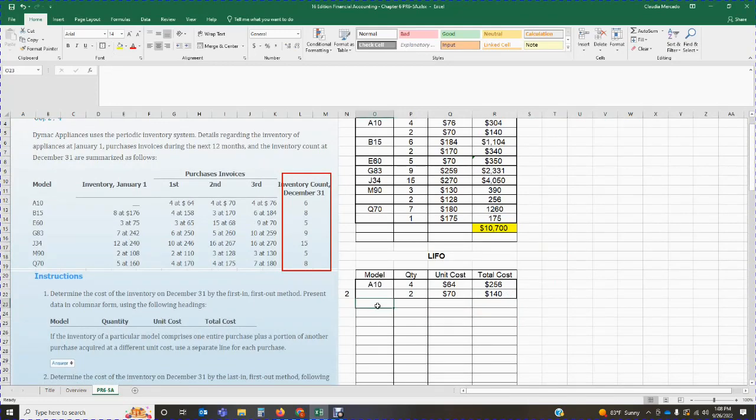Now for B15, we have 8 remaining. Our ending inventory is 8, and remember, we are keeping the oldest. In this case, my oldest is my beginning inventory as of January the 1st. So I've got 8 units at 176.